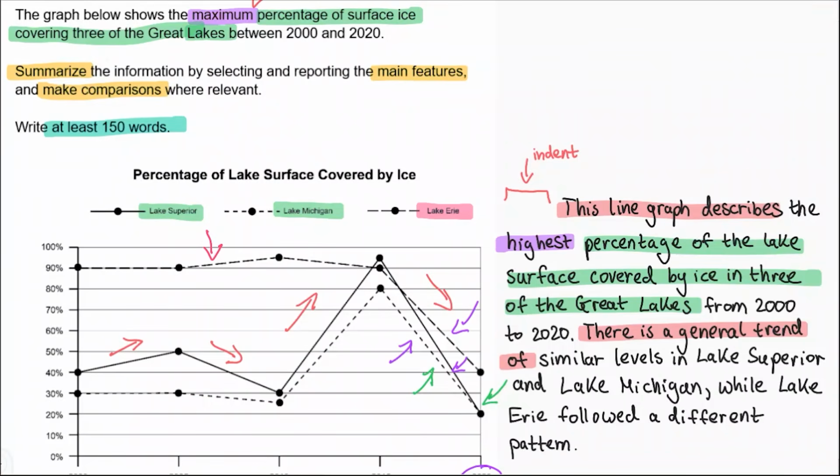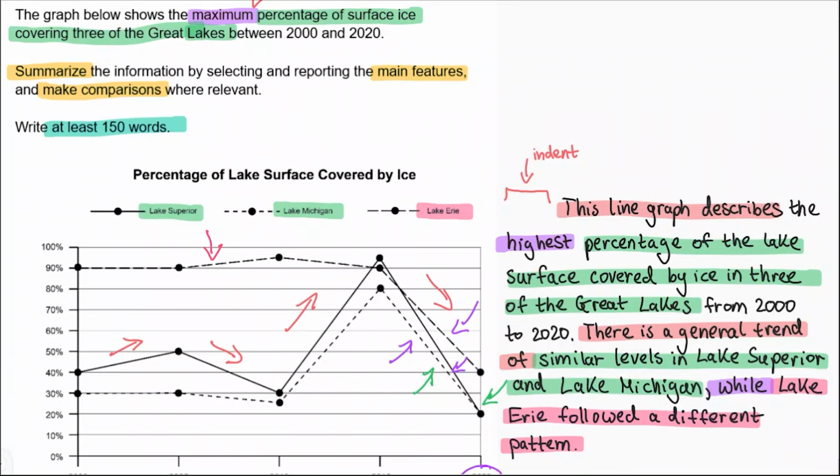Here, I pointed out that there was a lot of similarity between 2 lakes, Lake Superior and Lake Michigan, but not in Lake Erie. I used while to show that the trends happened at the same time. I've described the main points. Do you notice that there are no statistics yet? You don't have to go into more details in the introduction. Just describe the main trends you see.